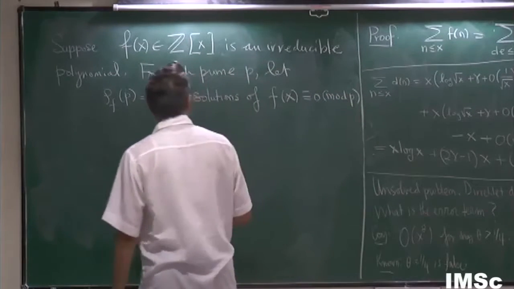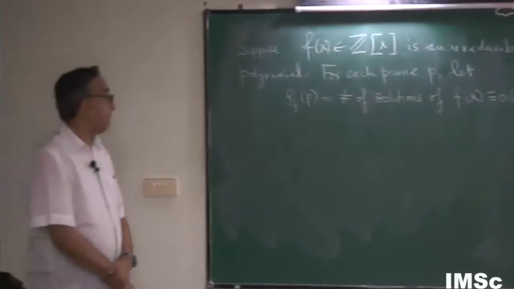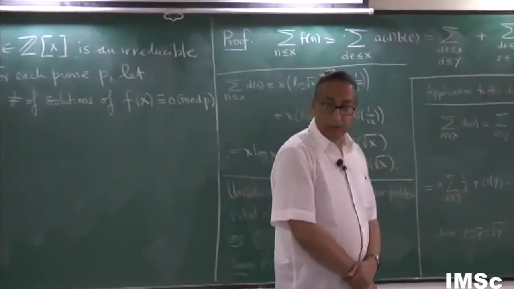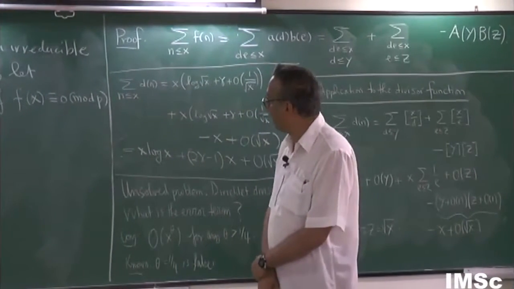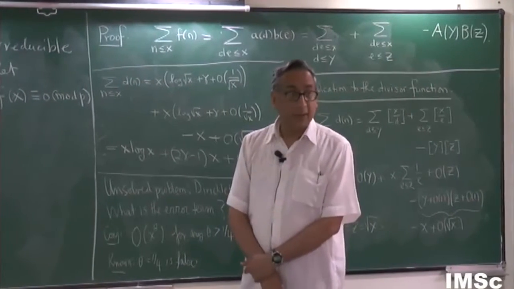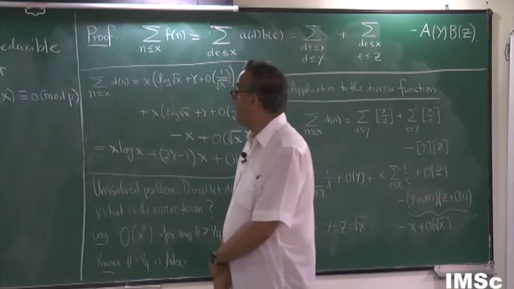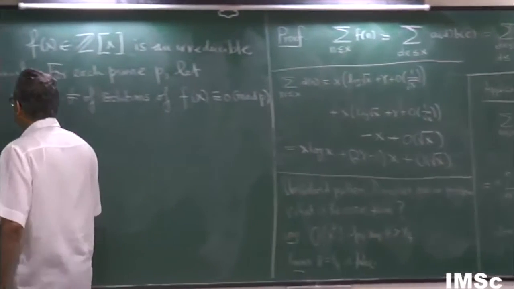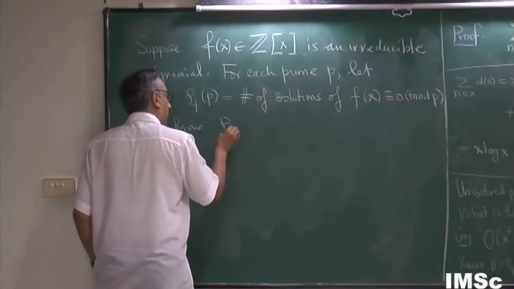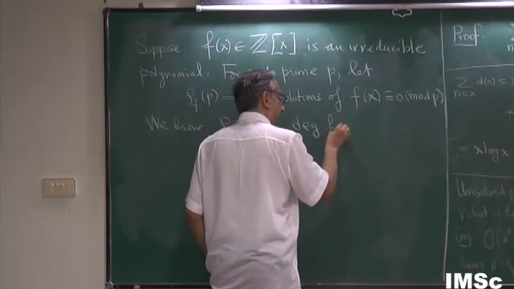So for each prime p, we're going to let rho of p be the number of solutions mod p. Now, as you know from your basic algebra, the number of solutions of a congruence mod p for a polynomial of degree d is at most d, because over any field, the number of roots of any polynomial is at most the degree of the polynomial. So we know rho sub f of p is always bounded by the degree of f.